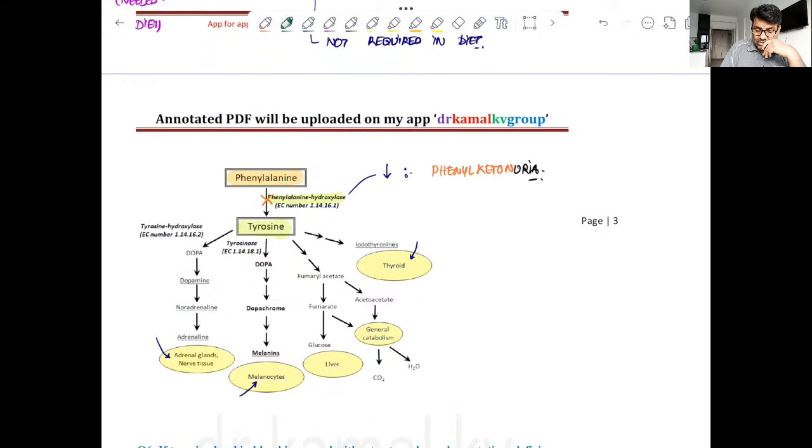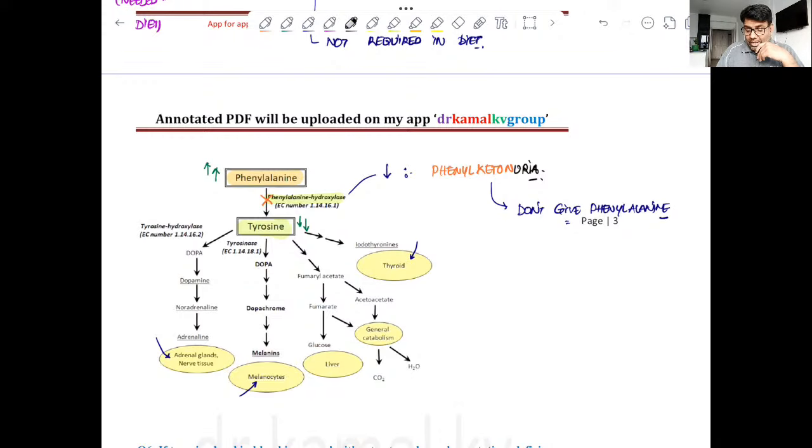So what happens? There is increased levels of phenylalanine and decreased levels of tyrosine. So what we need to do? In such a case, don't give phenylalanine, because whatever the amount is present already, it is not metabolized to tyrosine. So we don't give phenylalanine.